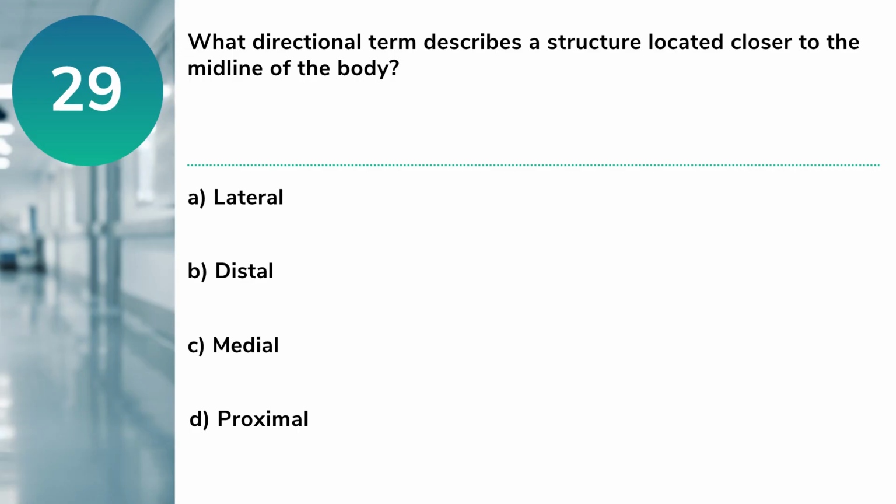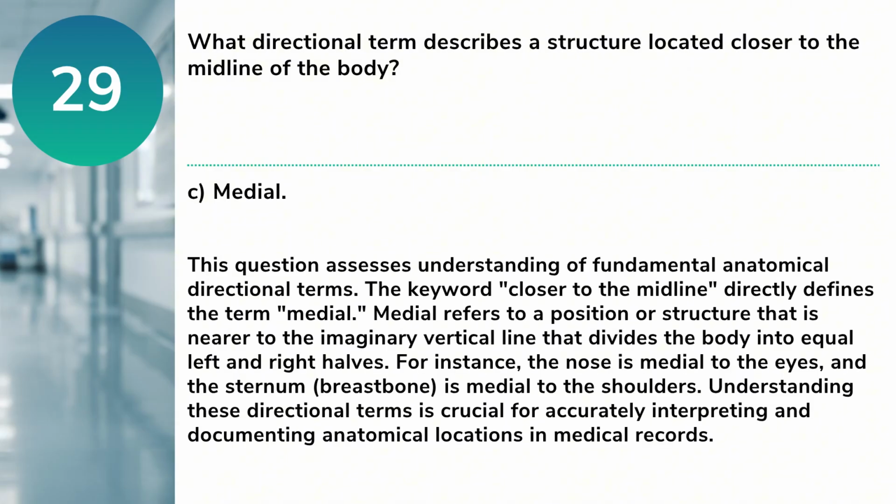Question 29. What directional term describes a structure located closer to the midline of the body? A. Lateral. B. Distal. C. Medial. D. Proximal. Answer: C. Medial. This question assesses understanding of fundamental anatomical directional terms. The keyword closer to the midline directly defines the term medial.